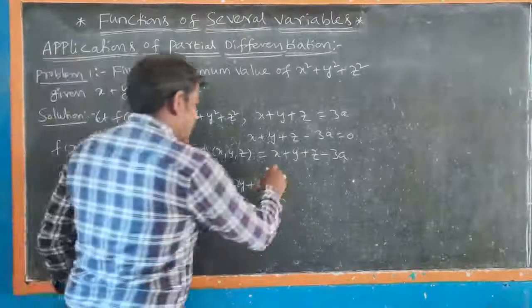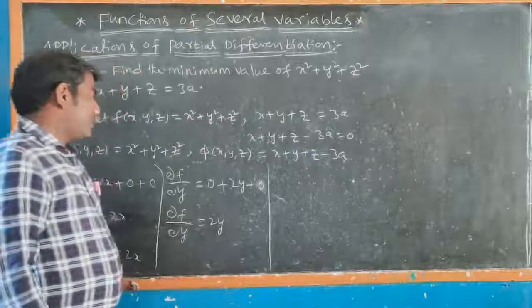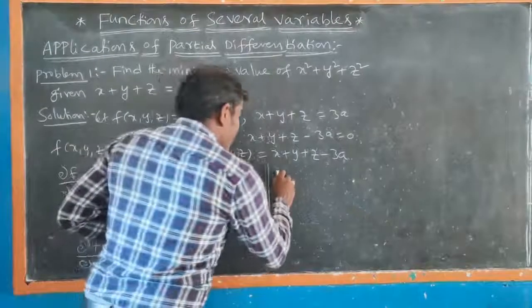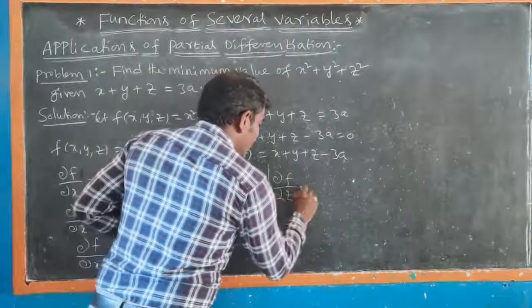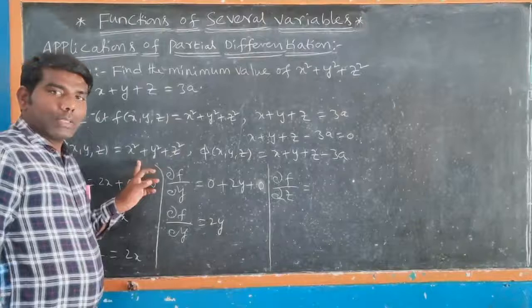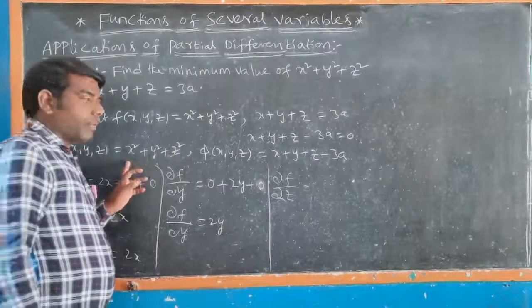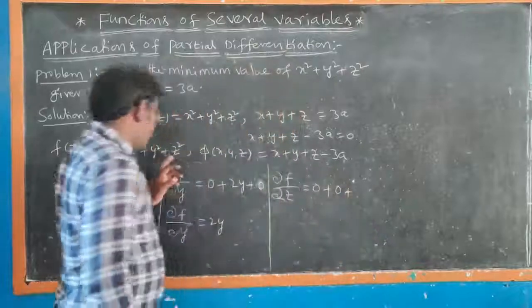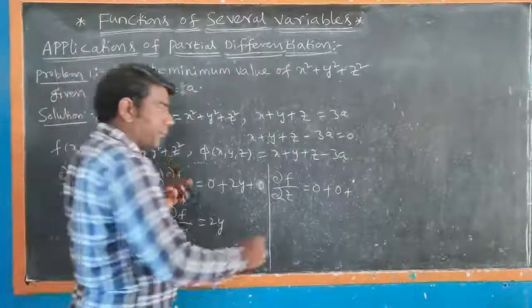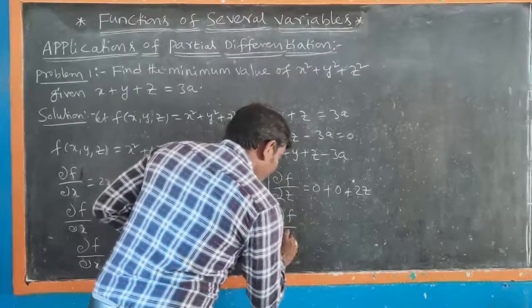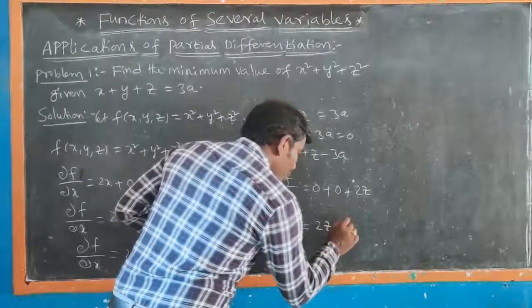Next, with respect to z, x and y are constant, so x square derivative 0 plus y square derivative 0 plus z square derivative 2z. Finally, dou f by dou z is equal to 2z.